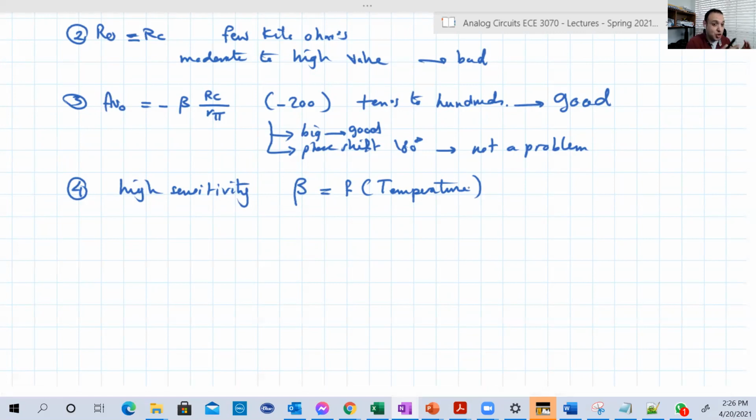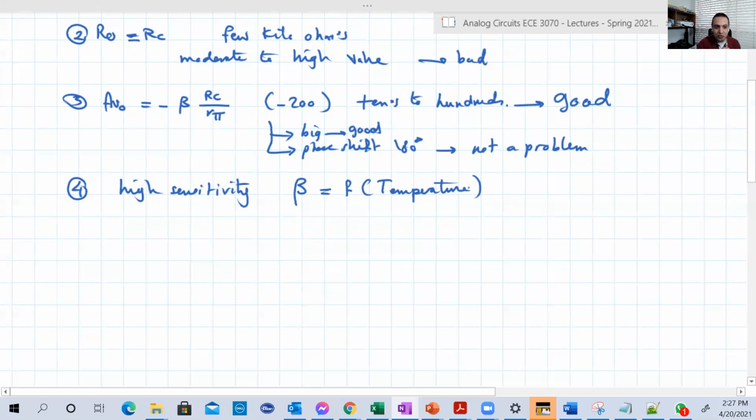So if beta changes. So you bought a transistor with beta 100, you want it to be 100 all the time because you will do your calculations, you will do your design based on the assumption that beta is fixed, equal to 100. But if you are in a warm place, it might be 120 because it increases because of the warm environment. Or it might reduce as well.